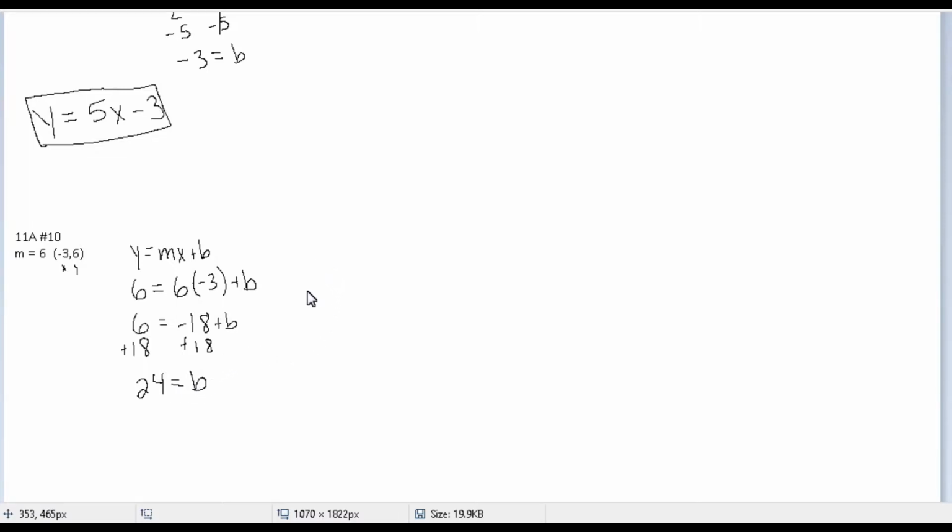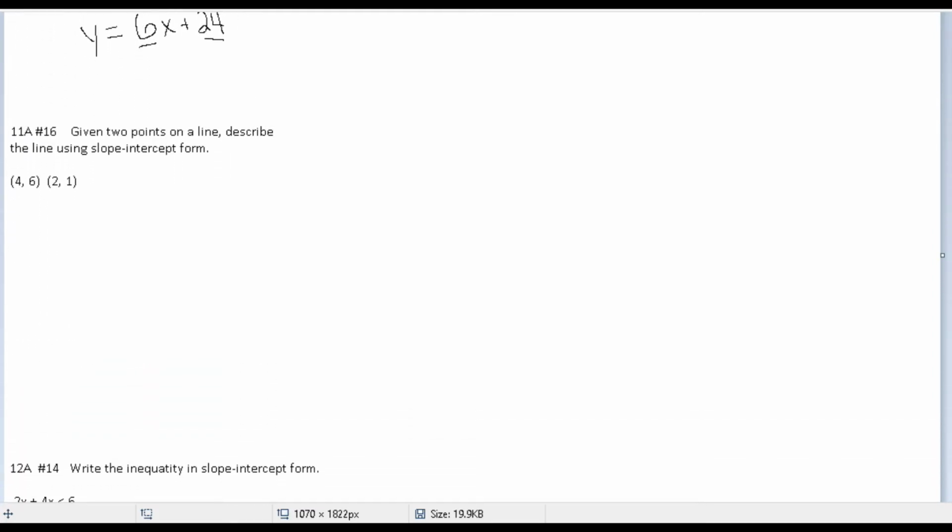So now we write our slope-intercept equation. Y equals m, which is 6, x plus b, which is 24. So we do all of this to solve for our b so that we can put our b in right here and we can put the m that we're given right there. And then we have the equation in slope-intercept form.